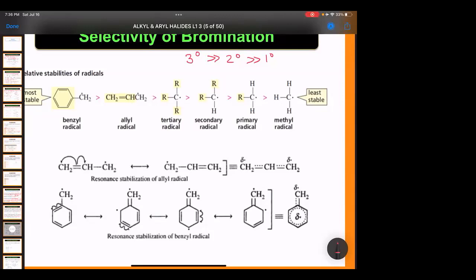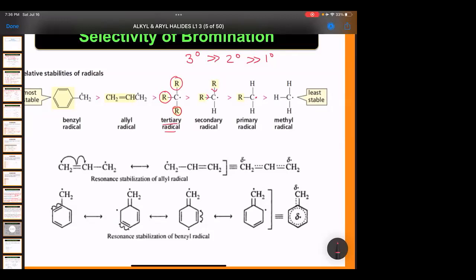So the more substituted the carbon, the more stable the radical it can form. Like this is tertiary, with three substituents, and these will stabilize the radical by giving away their own electron density, followed by secondary, because a radical is an electron deficient species.